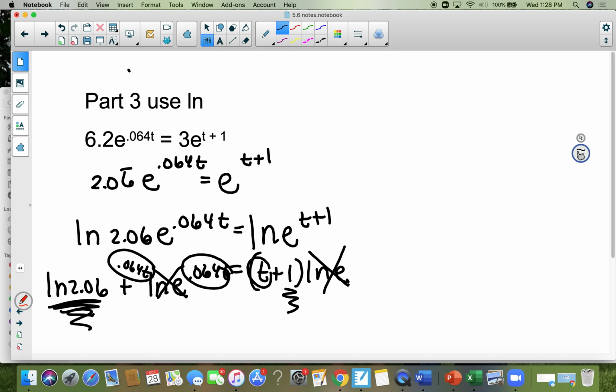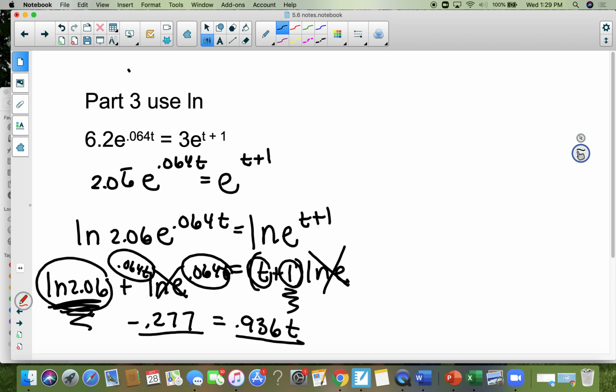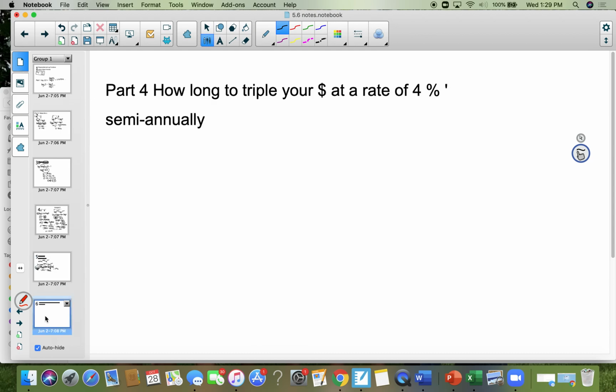So 1 minus 0.064 is going to end up being 0.936 t's, and then you're going to bring this and this over, so the natural log of 2.06 minus 1 ends up being a negative 0.277, and then to get t alone, you have to divide both sides by 0.936, which ends up being a negative 0.296. So the difficult part of this assignment is because of all these weird decimals.